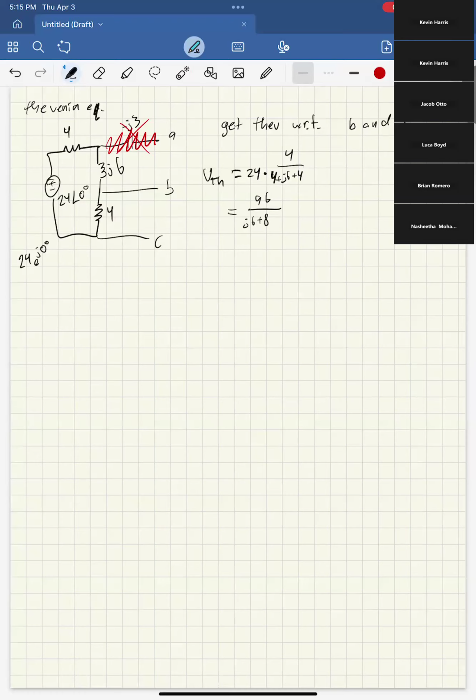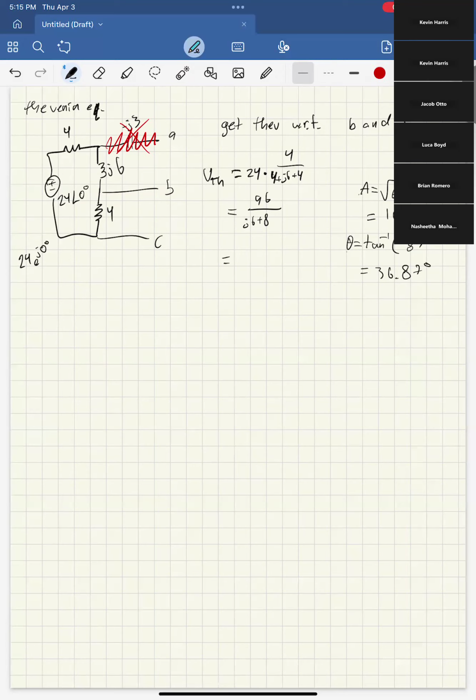I'll turn this into A e to the j theta form. So A is going to be the square root of 6 squared plus 8 squared. Is that a nice number? Yeah, that's 10, it's the 3, 4, 5 triangle. Then theta is the inverse tangent of 6 over 8, which if we plug into the calculator, we get 36.87 degrees.